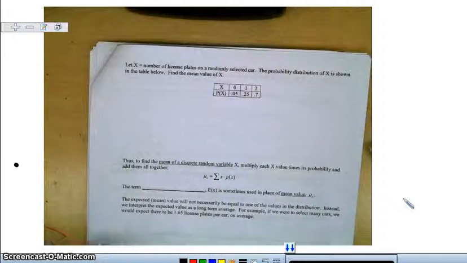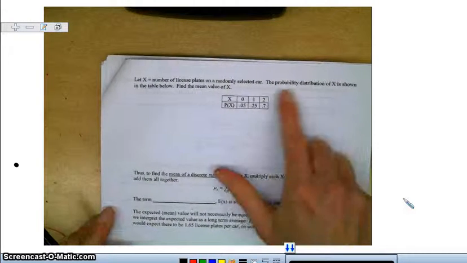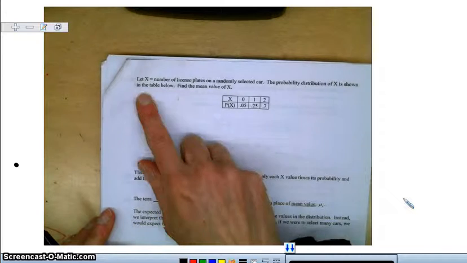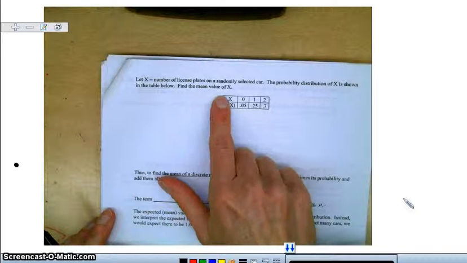We're going to let x equal the number of license plates on a randomly selected car. The probability distribution of x is shown in the table below. So we want to find the mean of the value of x.